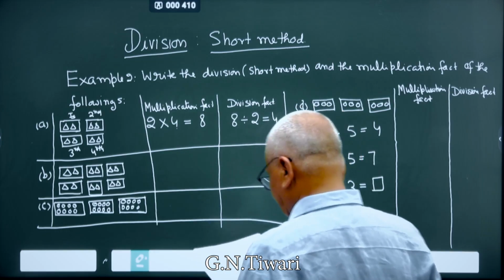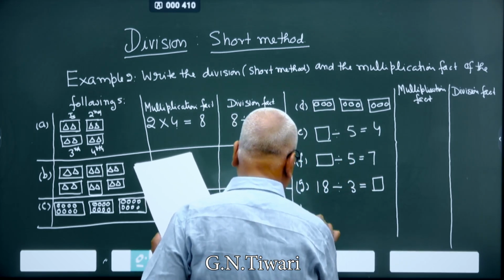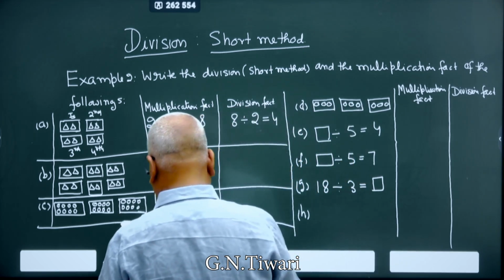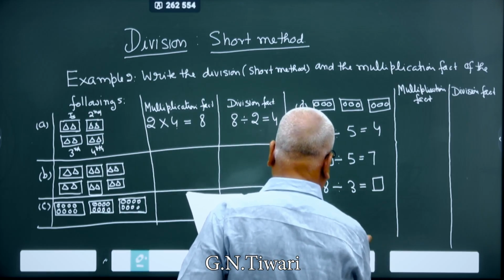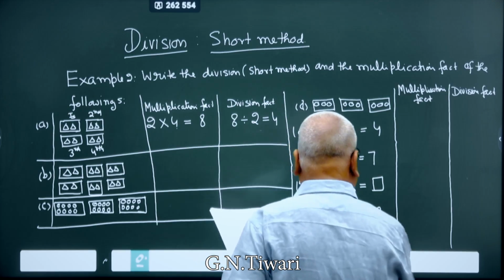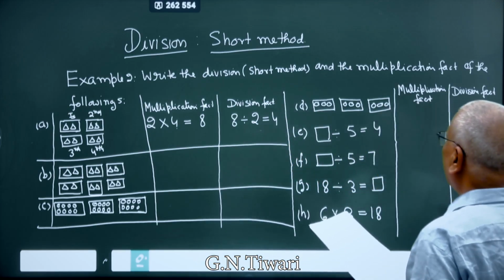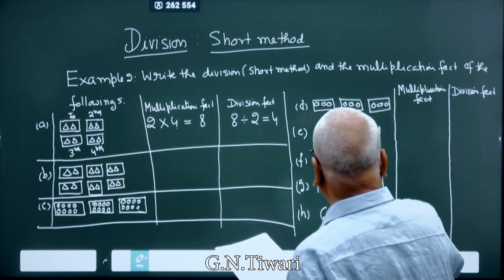What will be there? Then you can have H. 6 into 3 is equal to 18. So, क्या यही डिवीजन फैक्ट है या नहीं है, ये आपको देना पड़ेगा. यहां पर दोनों मिक्स मैंने कर दिया है, डिवीजन फैक्ट और मल्टीप्लिकेशन फैक्ट दोनों.